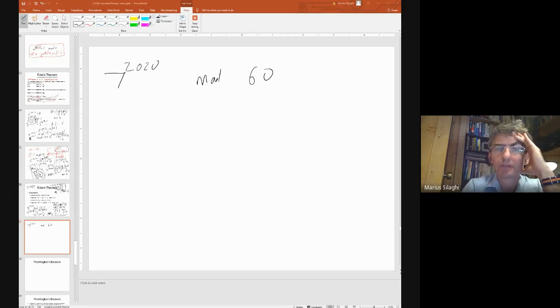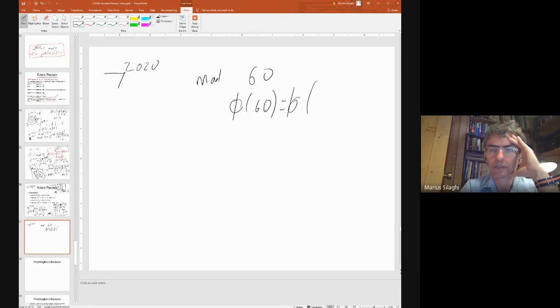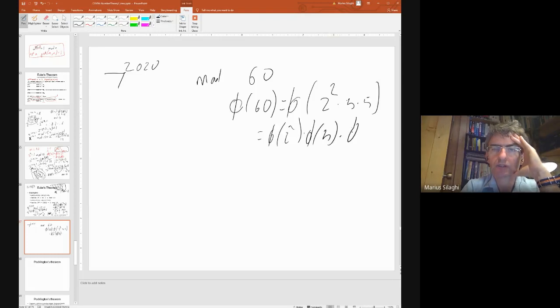So to check that it's 1, you compute first Euler totient of 60, which is equal to Euler totient of, very good, it's 2 square times 3 times 5, which is Euler totient of 2 square times Euler totient of 3 times Euler totient of 5.